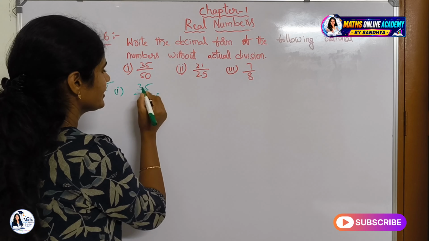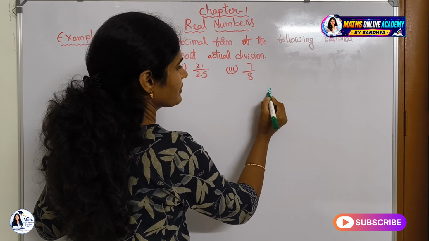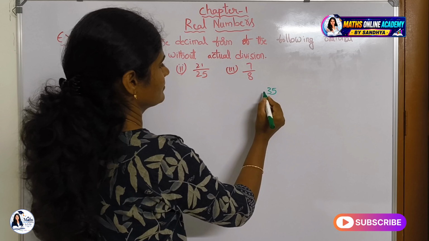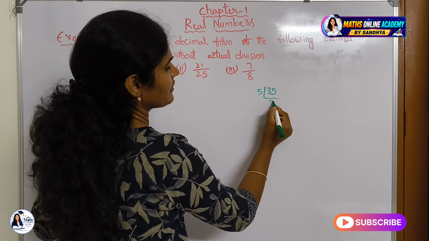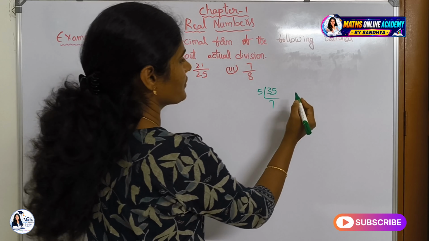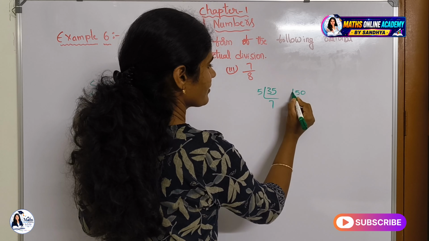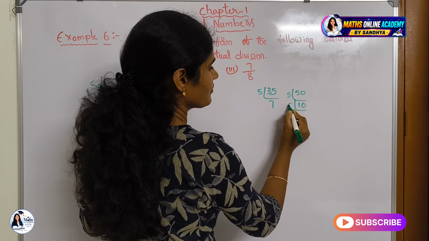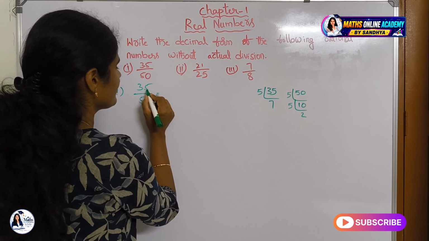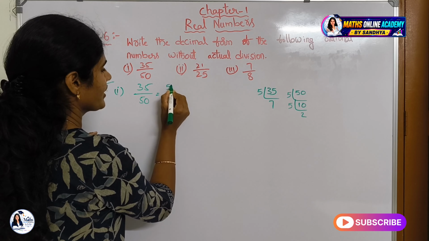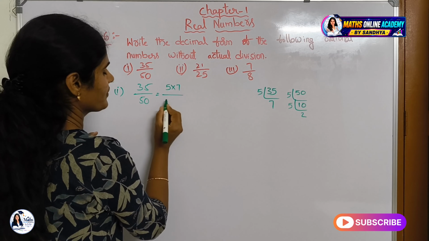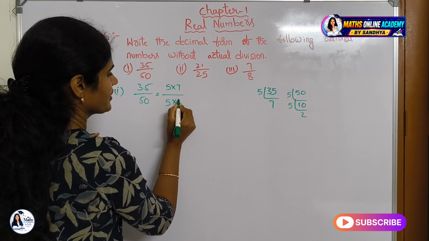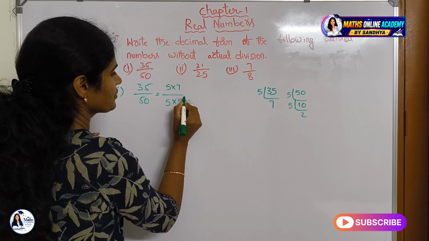So here for 35 you can write 5 into 7. For 50, 5 into 5 into 2.